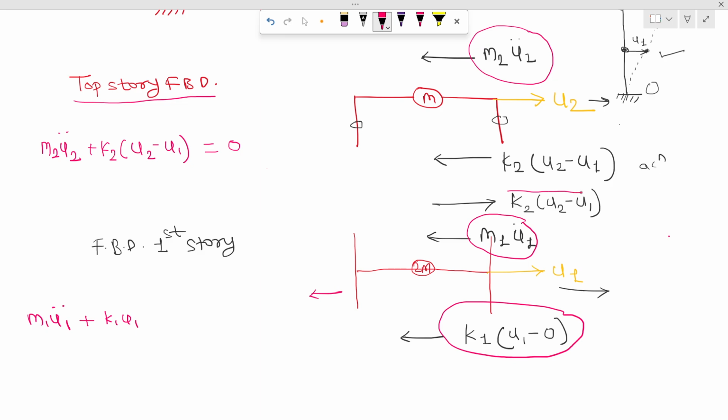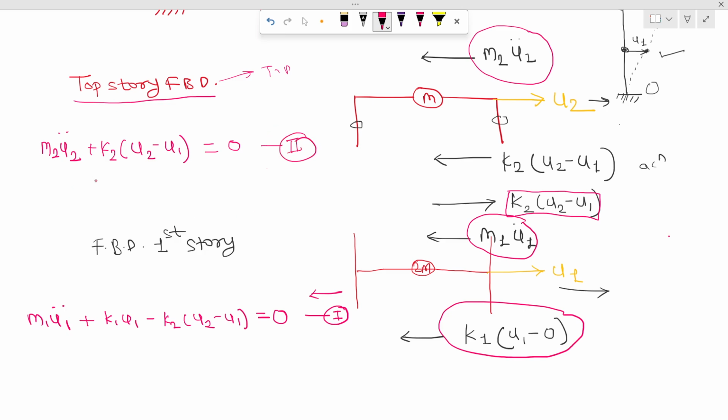Now this part is going towards right, so I can write minus K2 into U2 minus U1 equal to 0. Okay, so now you have to give numbering to the equations. So always remember, draw the free body diagram from top to bottom, but write the equations from bottom to top. So equation 1 and equation 2.